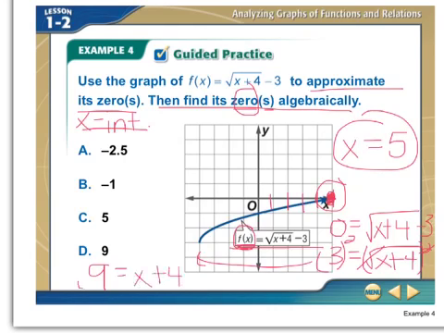Well, if I solve this linear equation for x, I would subtract 4 on both sides. Subtracting 4 on both sides will leave me with 9 minus 4 on the left side, which is 5. And if I subtract 4 here, those cancel out, and I'm left with x. So I have confirmed that our x-intercept, or our zero, when we find it algebraically, is 5.